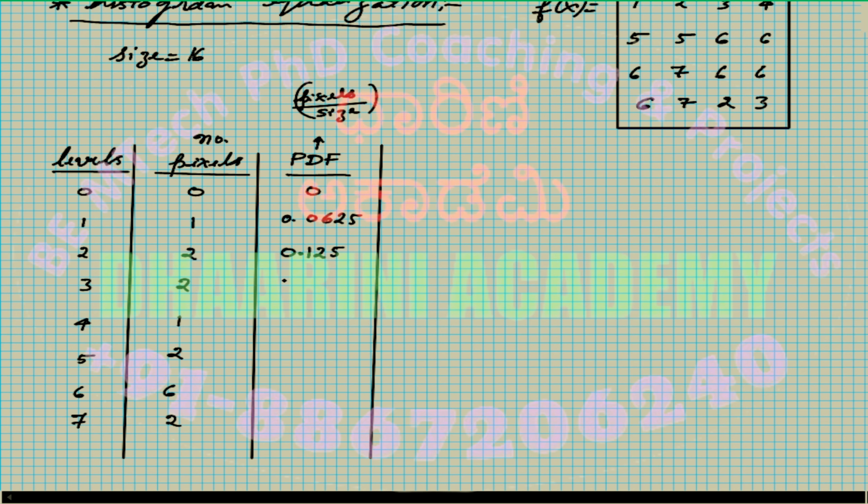Next is also the same, 0.125. Then I have 1, which means 0.0625. Then we have 2, which means 0.125. Then we have 6 by 16, that is 0.375. Then there is a 2 which corresponds to 0.125.